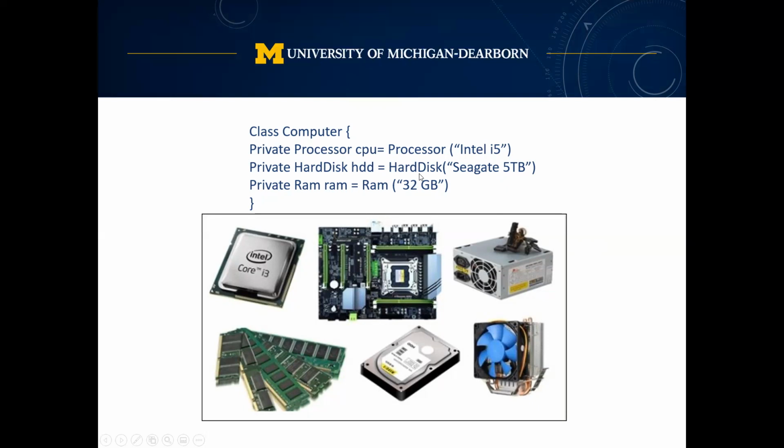This would mean that every single computer we create will have the same specs. If I have an Intel i5 and want to upgrade it to i7, all the computers I create next are going to be i7.